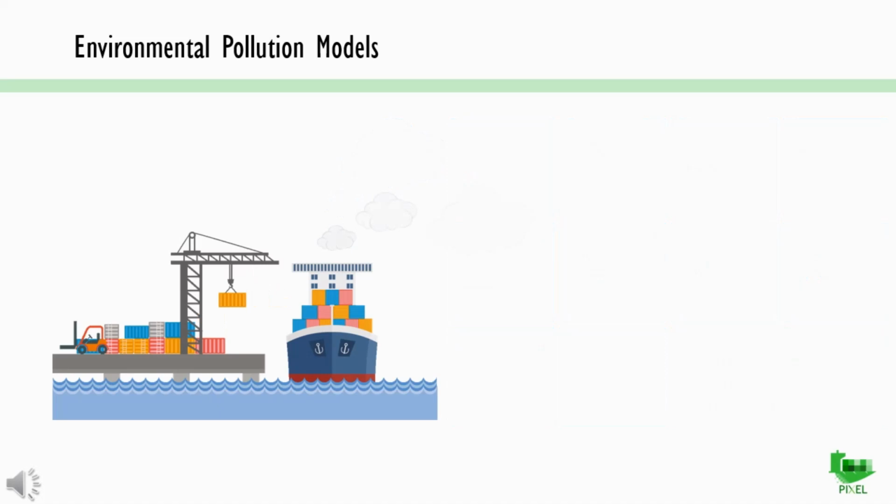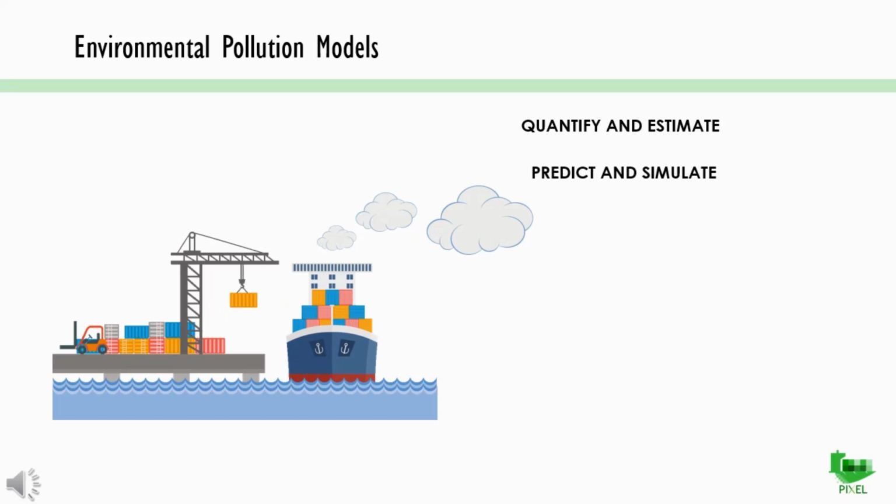Based on the recommendation of the ports involved in the Pixel project, the environmental pollution models are needed for two aspects: quantify and estimate the air pollution emitted by the port, and also predict and simulate the possible future air quality situation.